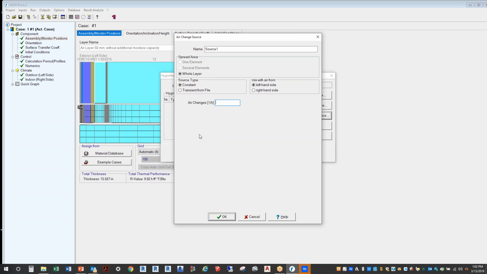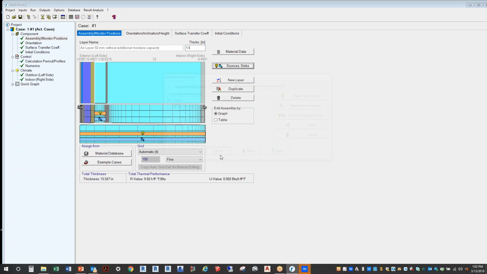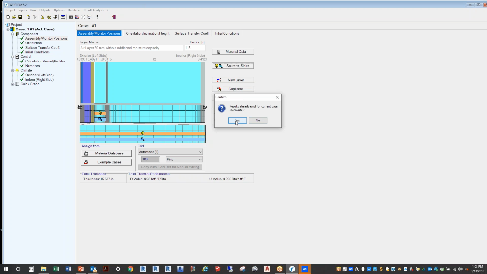Maybe it takes it a minute to change, to come in and go out. So let's say we did 50 air changes per hour. That would be reasonable. Mixing with the air from the left side, so that's outside, and then say okay. So now we have a source of airflow, humidity, heat traveling through that space, and we can see how that affects anything.